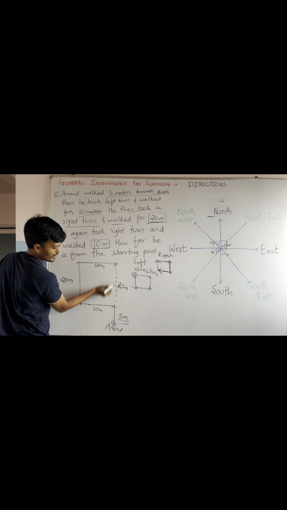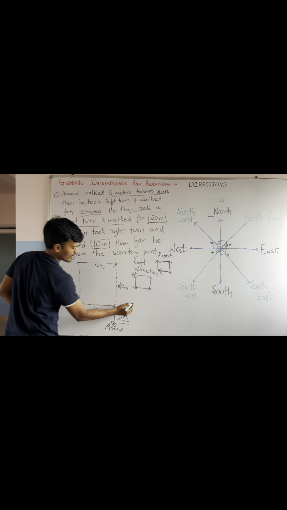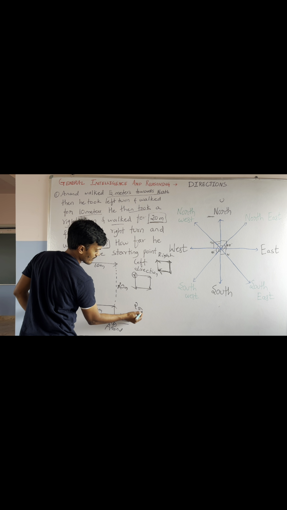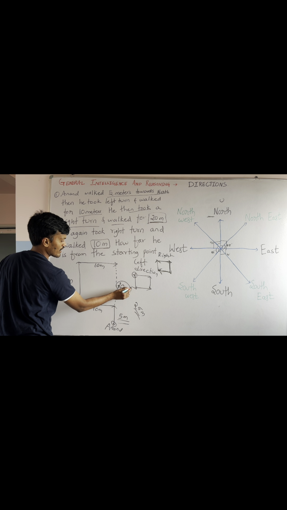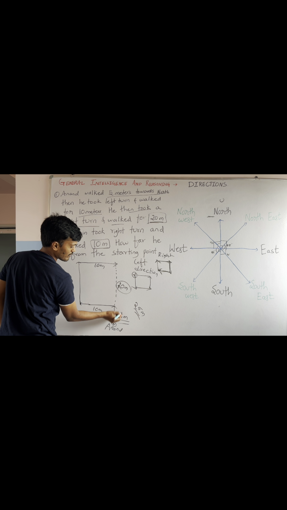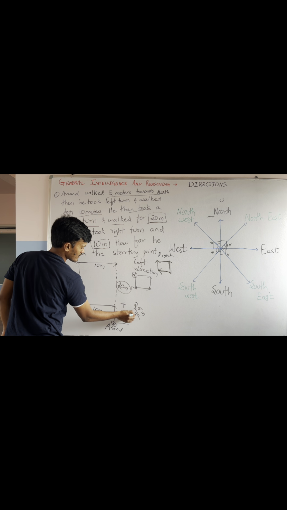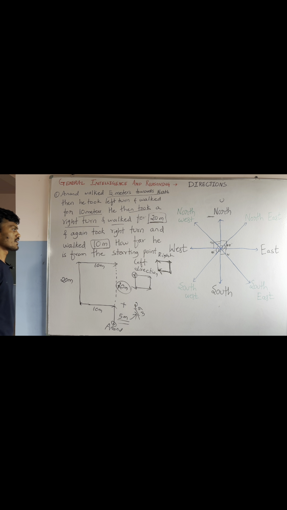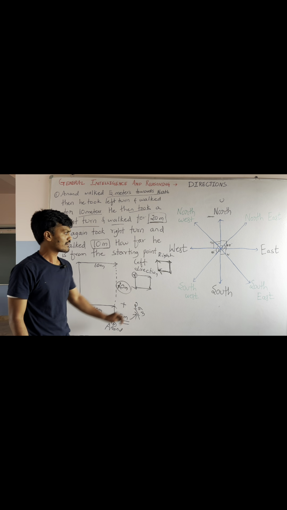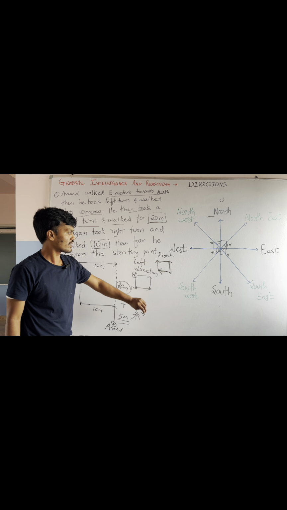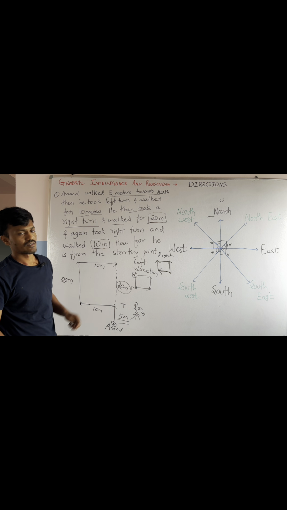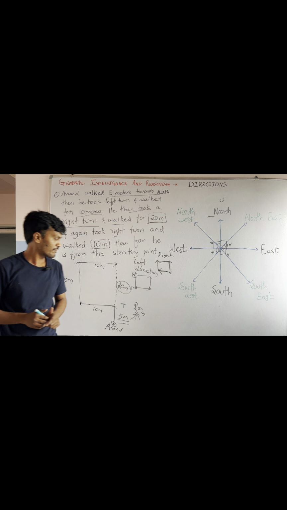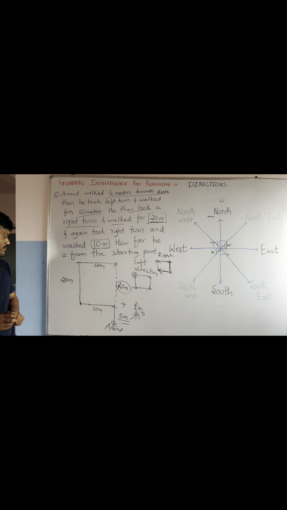So now 20 meter plus 5 meter, it is 25 meter, the right answer. So now we need to add 20 meter plus 5 meter, it is 25 meter. This is how you need to understand the right direction and the left direction with the help of knowledge.